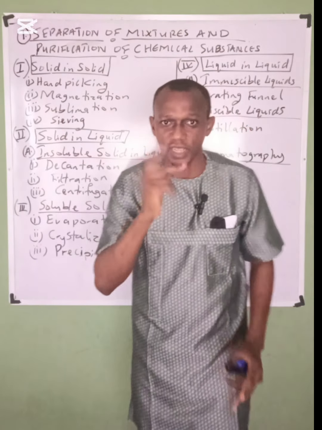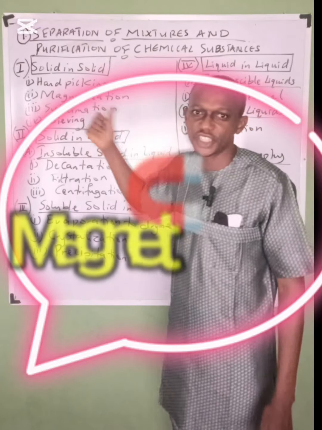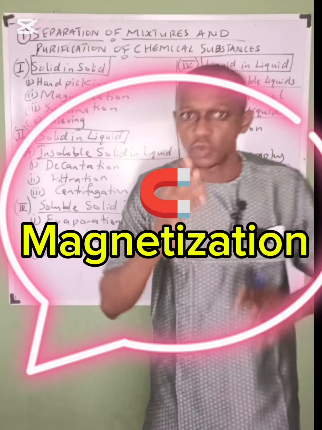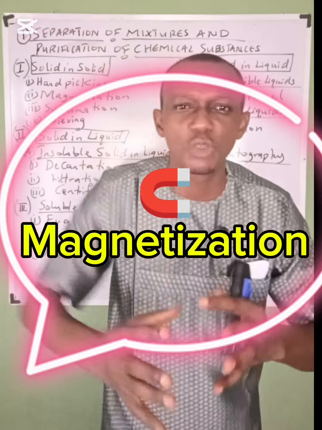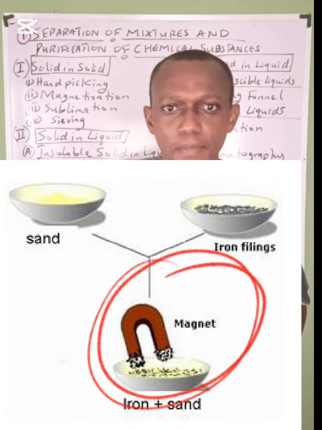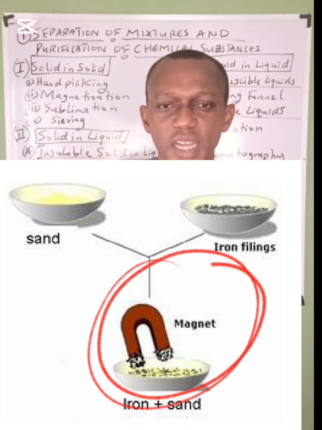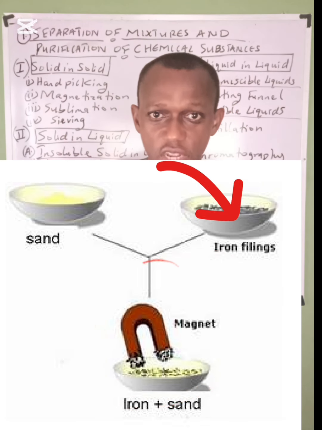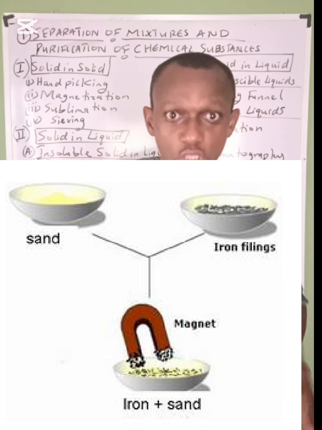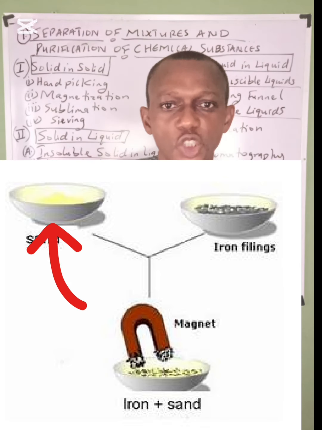That's number one. Another thing is this: magnetization. That's another separation technique. From the name, you should be able to understand that this one deals with magnets. A magnet can only catch magnetic materials. Let's say, for example, you have your key, iron key, metal key, or let's say a metal bolt dropped into the soil. Soil is not magnetic.